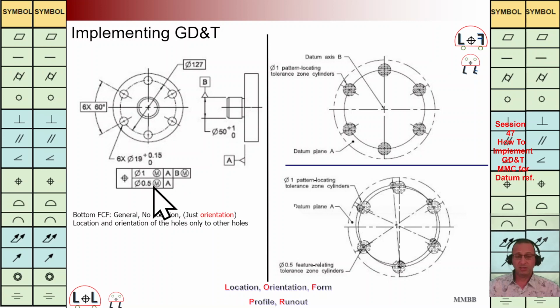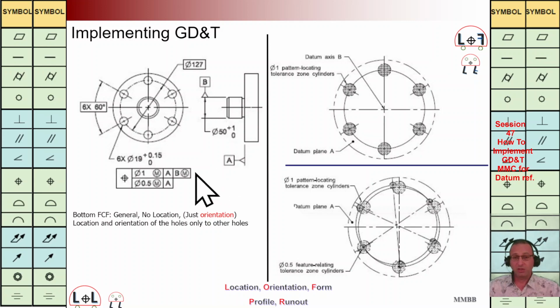We know what the meaning of this modifier is. It means we are going to have dynamic TZ. At the top, we have this, let's say, cylinder with the diameter of 1 with respect to A and B. Now we have a modifier for B. The best way to understand what it means is to make a gauge.